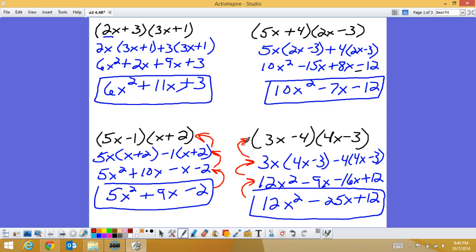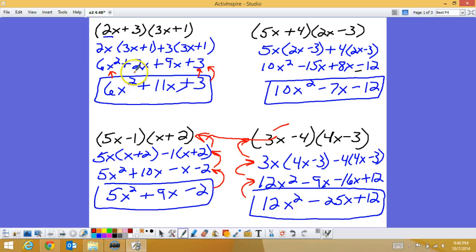So one thing that we notice is from the bottom step to this step, the first term and the third term is there. We've got the 6x squared and we've got the 3. Now, the difference is this 11x.